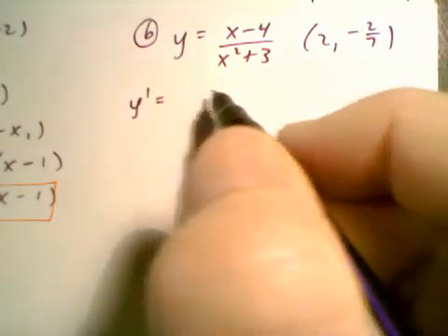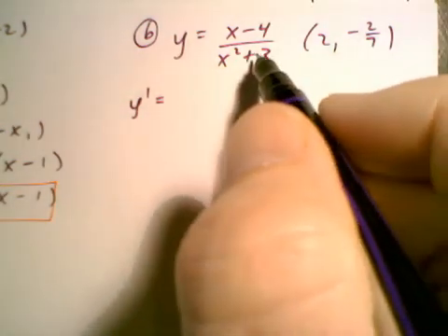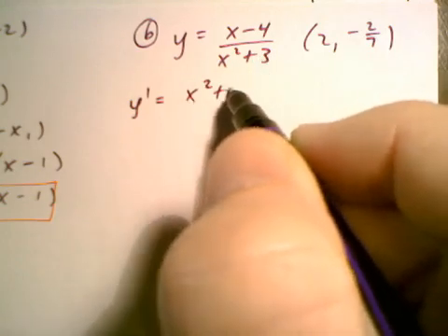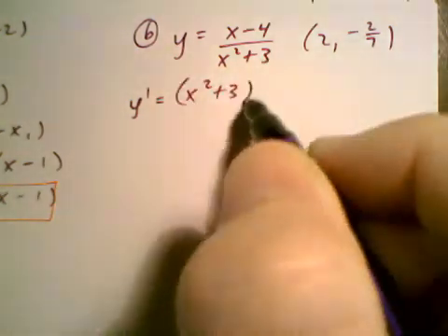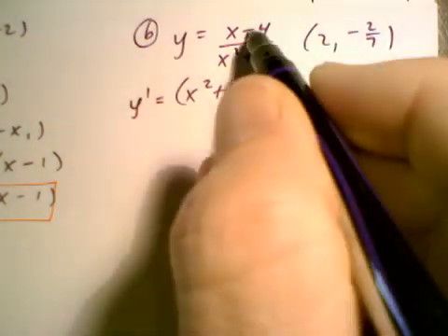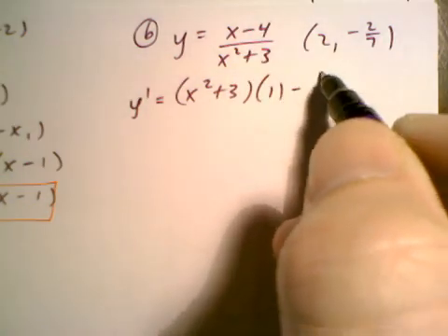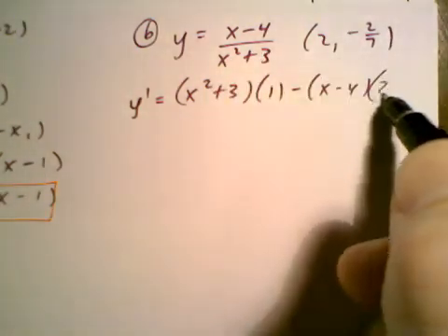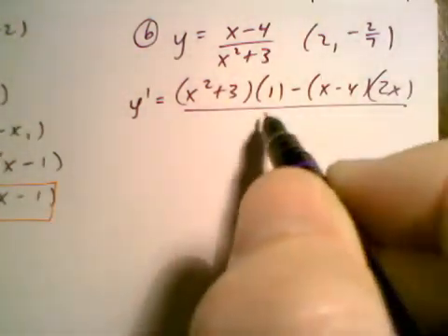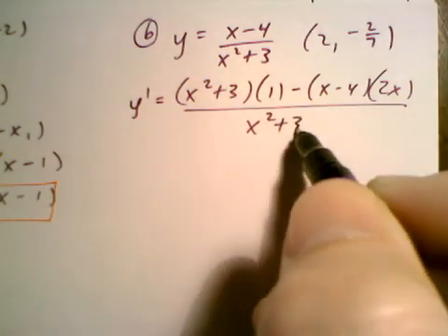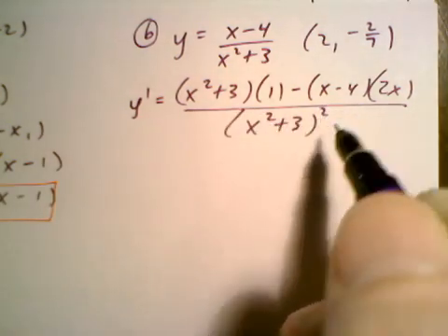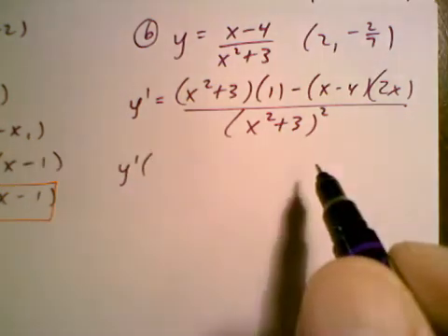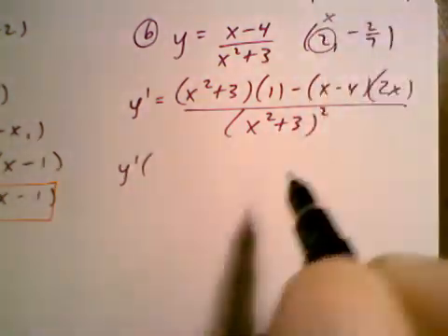Remember, the quotient rule is low d high, minus high d low. Low means the function in the denominator, times d high, the derivative of the numerator, minus high, x minus 4, times d low, the derivative of the denominator, which is 2x, all over the denominator squared, (x squared plus 3) squared.